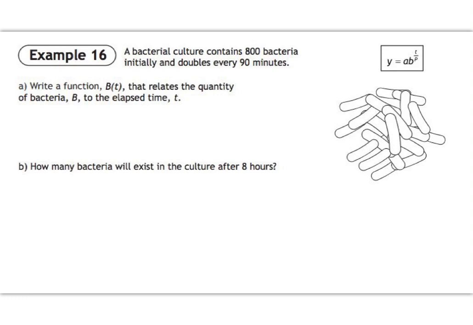All right, so now we're looking at some bacteria, and we're doubling every 90 minutes. So the first thing I notice, if I think about this as some kind of initial amount, is my A. That's that 800. Okay, so B of T for bacteria is going to be 800.